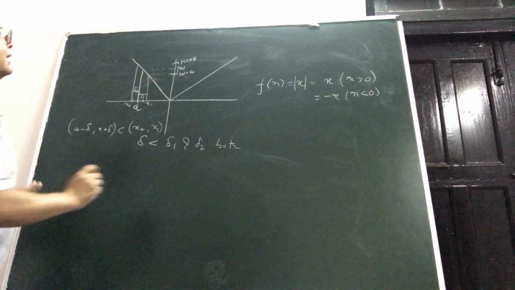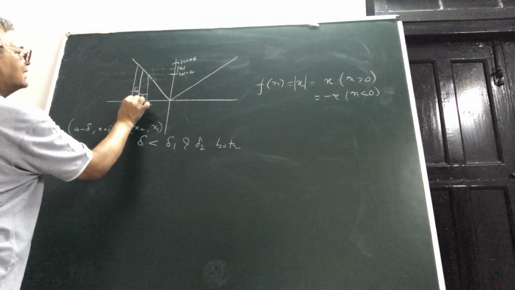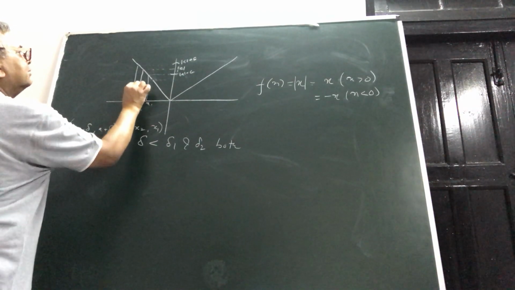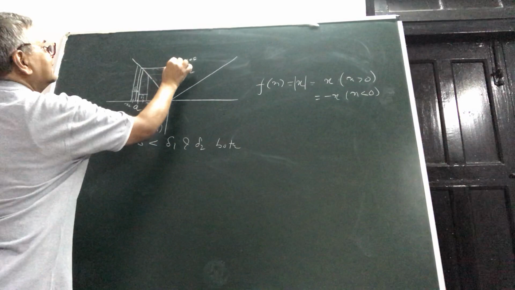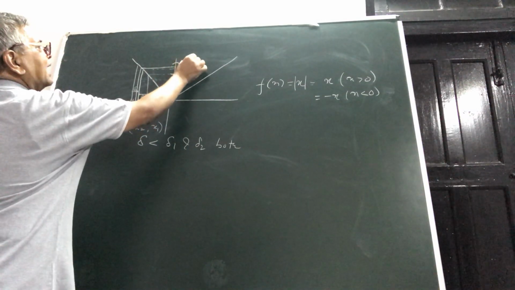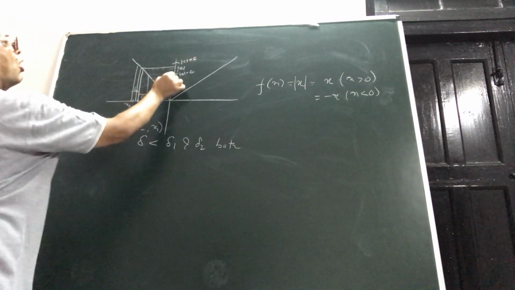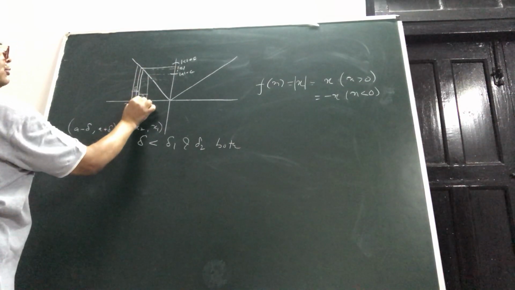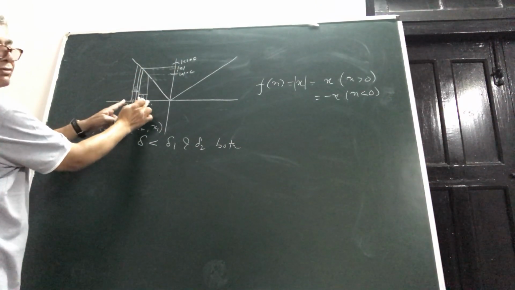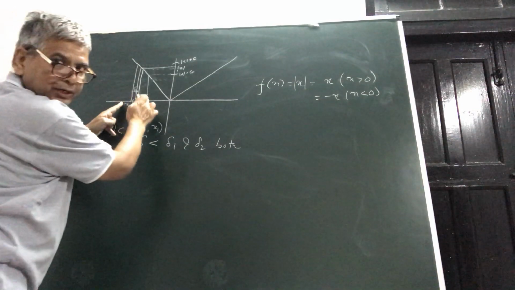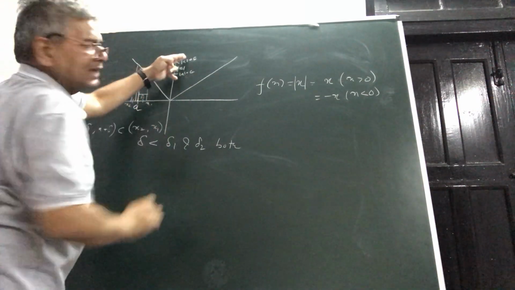So what will happen whenever x is lying here? You can easily see the values will lie within this epsilon interval of mod A. Anywhere here you can take it, because between x1 and x2 the values are lying in the epsilon neighborhood.